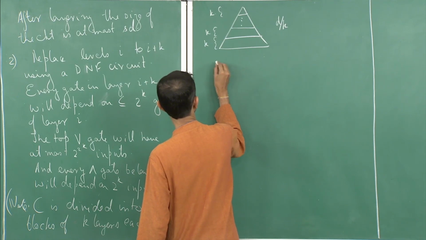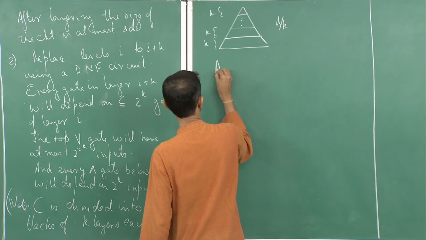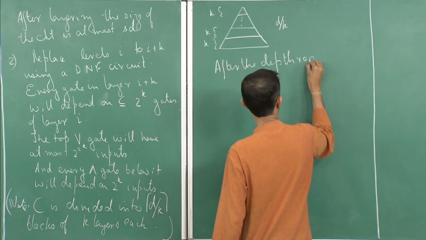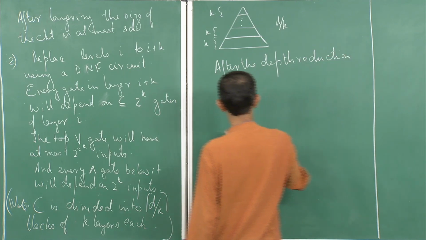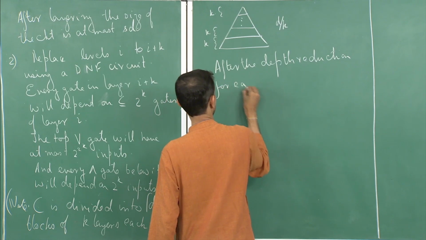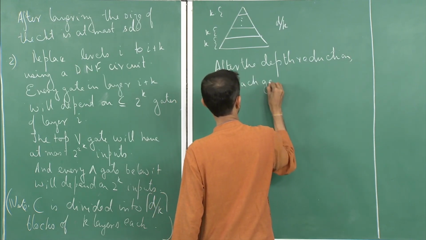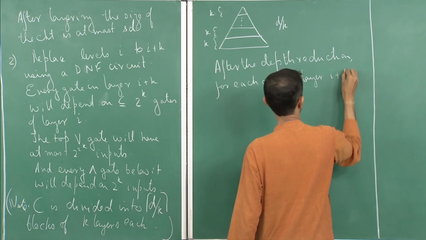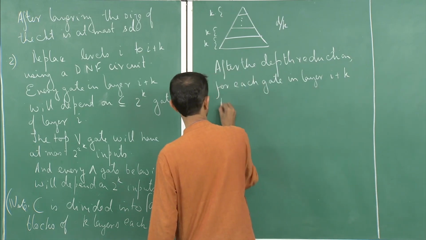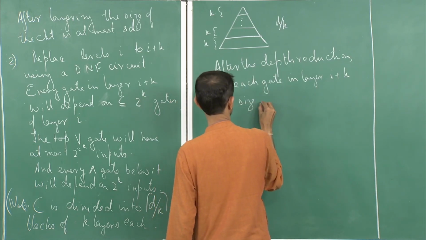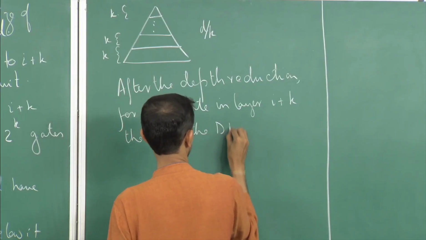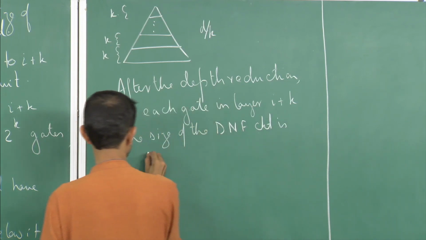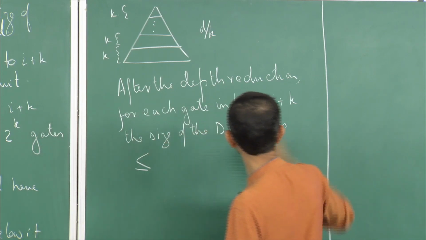So, after the depth reduction for each gate in layer i plus k, the size of the DNF circuit is at most... So, what does the size of the DNF circuit look like?